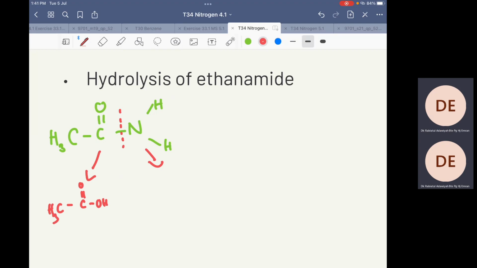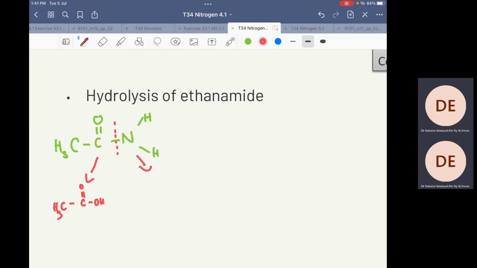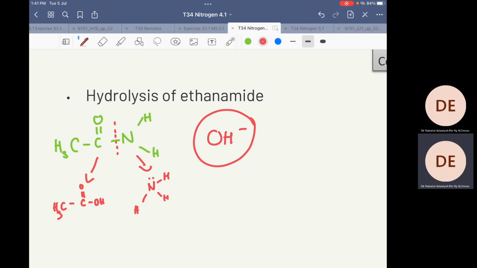Okay, so we'll talk about this first, copy down later. And we get ammonia, NH3. All right, but remember, we are in a basic condition. What will the hydroxide ion react with? The acid or the ammonia?